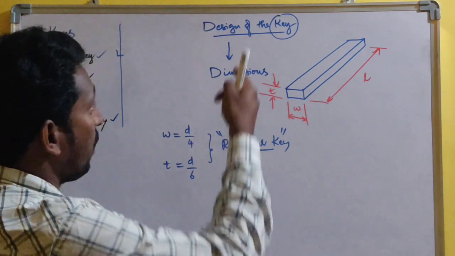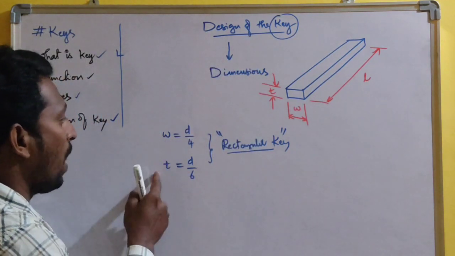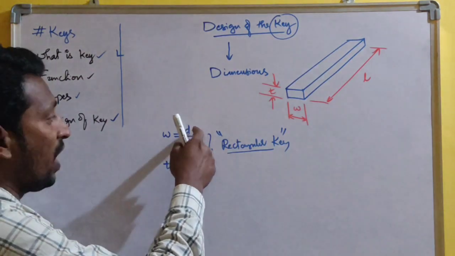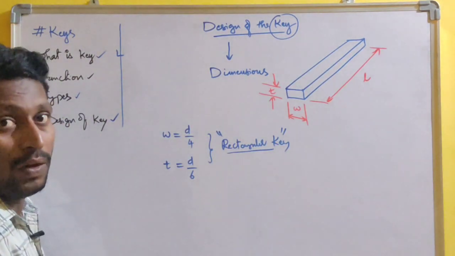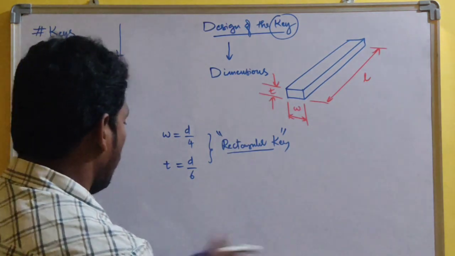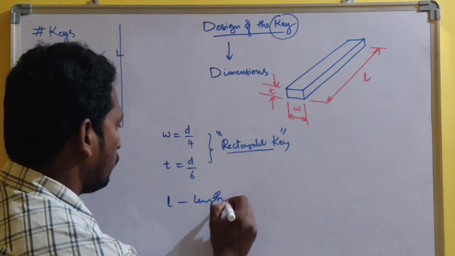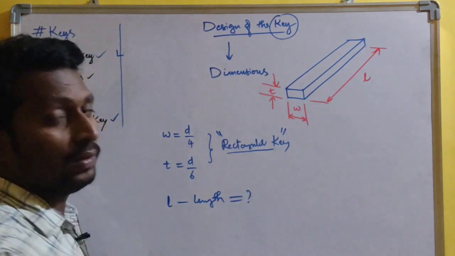In designing the key, we can find these two dimensions, width and thickness, when we know the value of the diameter. The remaining one is the length of the key.